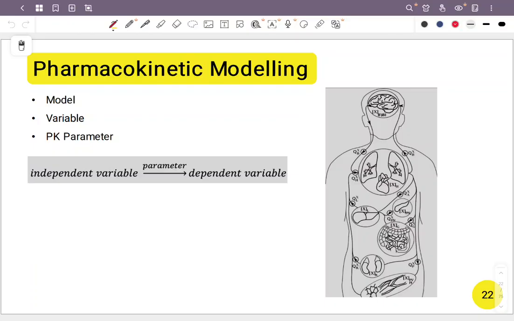We have our independent variable, and in the case of pharmacokinetics, this is usually the time. Then we also have our dependent variable, and in the context of pharmacokinetics, this is usually the drug concentration. Then lastly is our parameter, which is a constant estimated from data. For example, elimination rate constant na to.